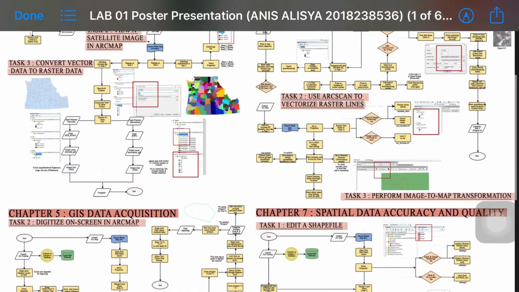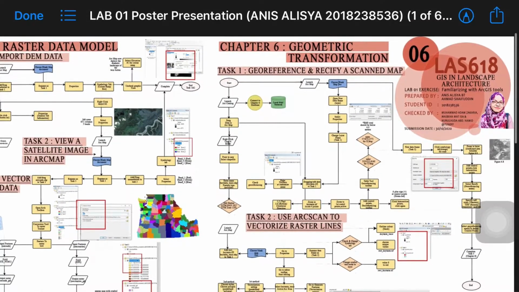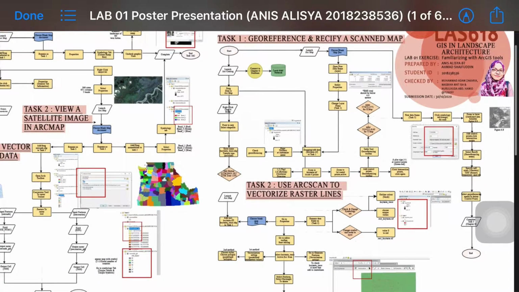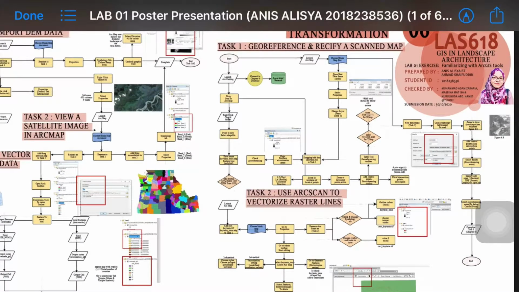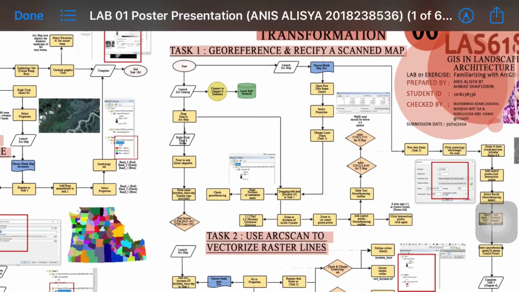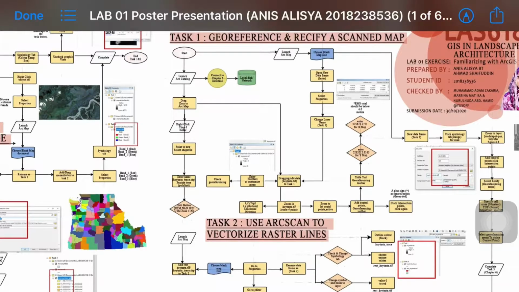And next, chapter 6 is geometric transformation, which is divided into 2 tasks. So I already arranged it in flowchart.